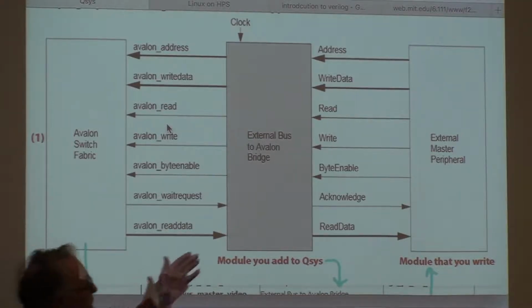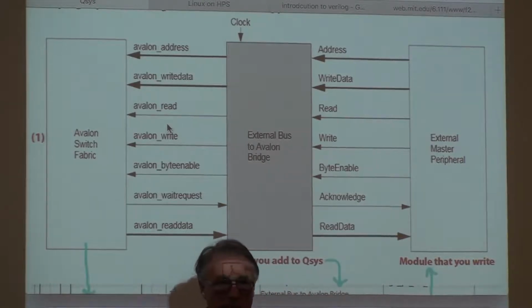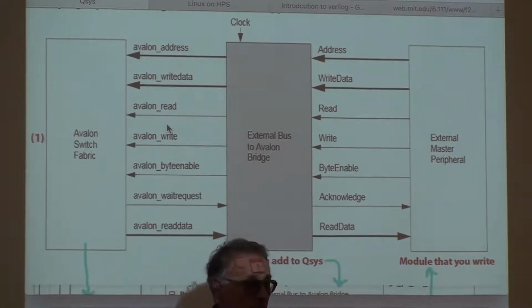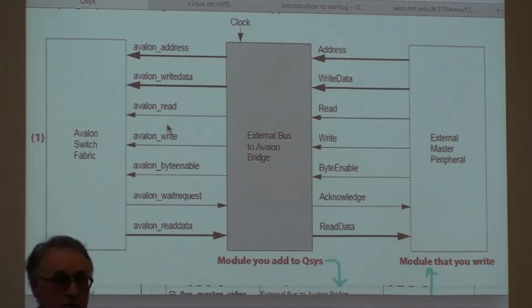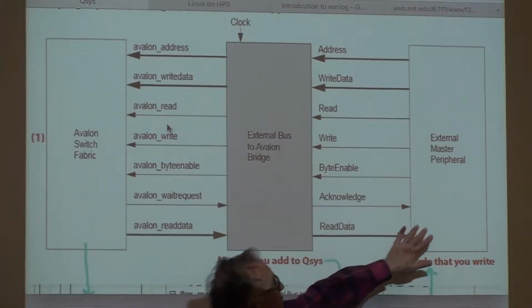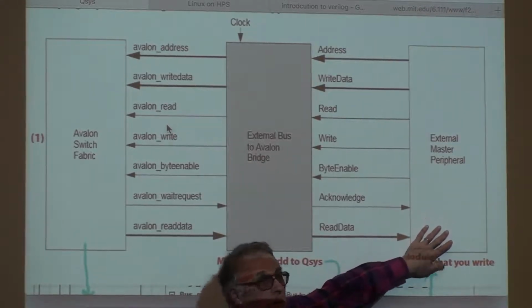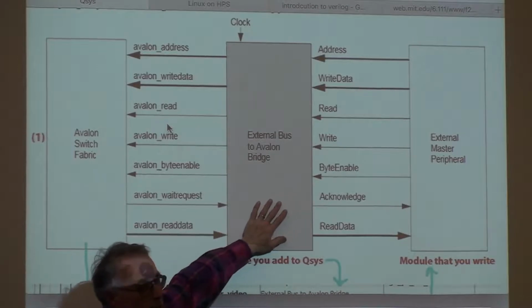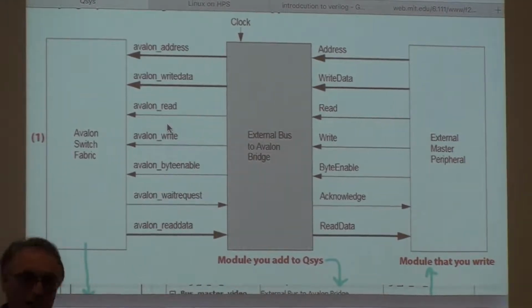And then there's the external peripheral that you write that does something like build a VGA screen or make an audio signal or do some filtering or whatever it is. But this is going to be the intellectual property that you generate going through the university IP, through the bus structure, off to some other module that's interesting, like audio output or video output.